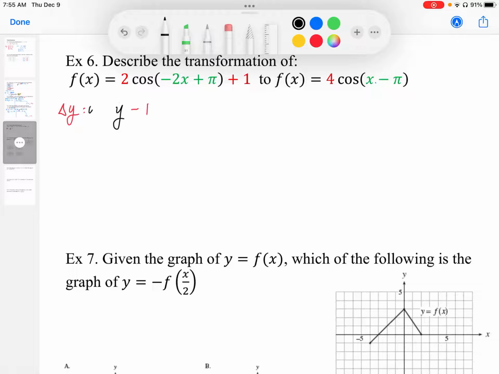And I'm going to make this new equals, this is my old. Slide it over a little bit here.